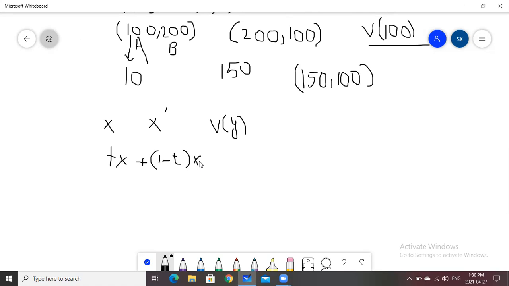These are different input vectors, one is x, the other one is x prime.